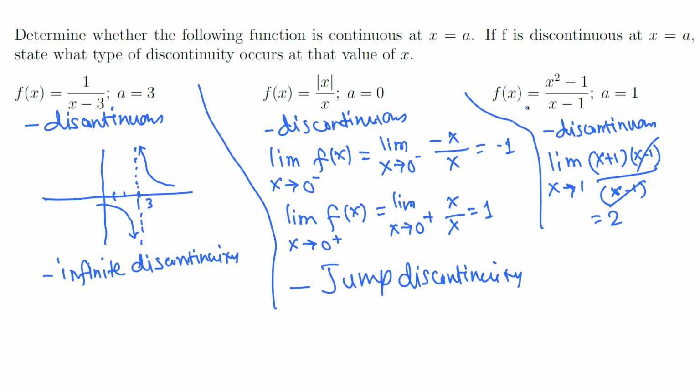That means at 1 the graph has a hole. Or if there is a cancellation like this, you don't even have to find the limit. You can say there is a hole, that means removable discontinuity. Okay, final.